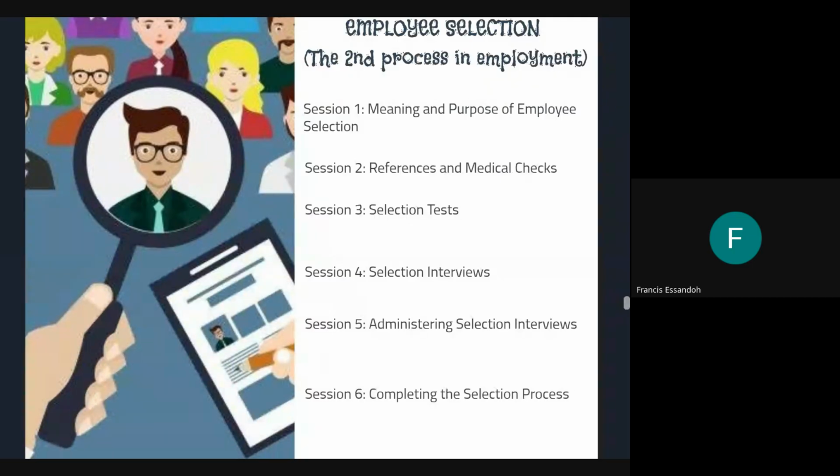Decide who will be involved in conducting the interview, that is, the panelists. 3. Notify other panelists of the time and venue and arrange a meeting to plan the interview. 4. Notify candidates in good time of the time and venue. Tell them how to get there, who to ask for, and roughly how long and what form the proceedings will take.